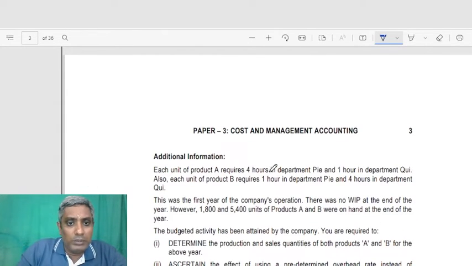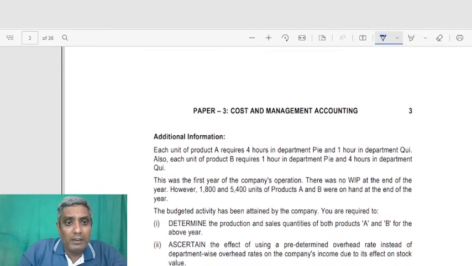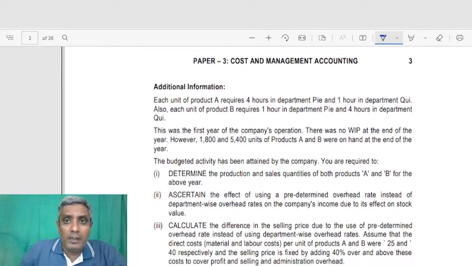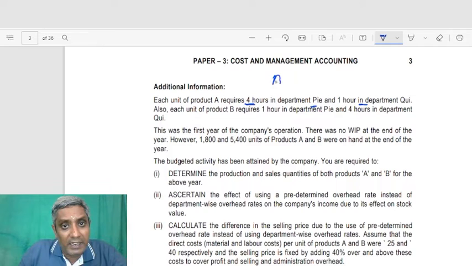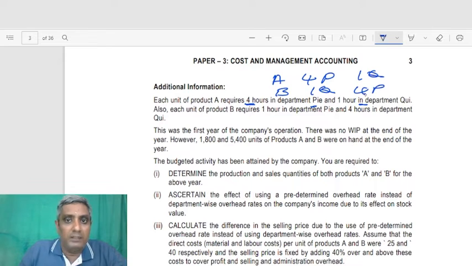Now let us go through the additional information given in the question and what we need to calculate. Now, product A requires 4 hours in department P and 1 hour in department Q. So product A has 4P and 1Q.